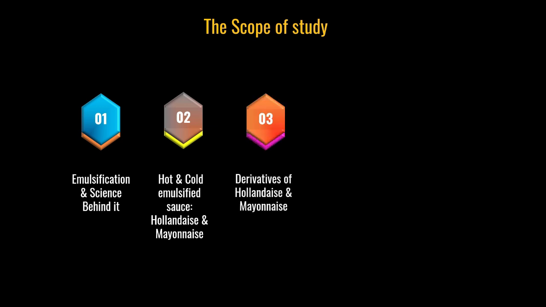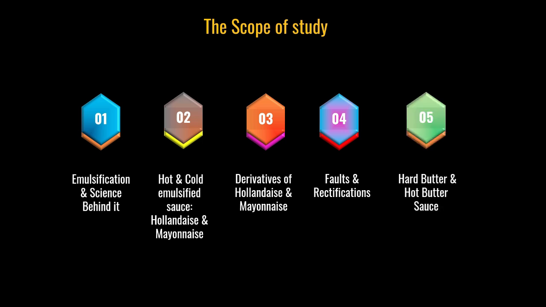Number three, we are going to discuss the different derivatives of hollandaise and mayonnaise sauce. That is very important for your examination purpose. And number four, to discuss different faults which may occur during the preparation of these emulsified sauces and how to rectify them.